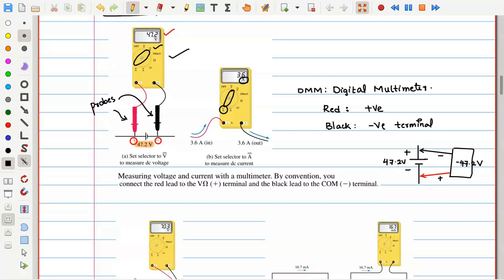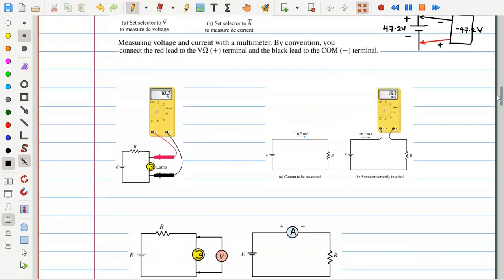Once you get negative, it means the voltage is positive in the other way. If you put the red probe on the upside and the black probe on the downside, you will get 47.2. So this one should be understood very clearly.